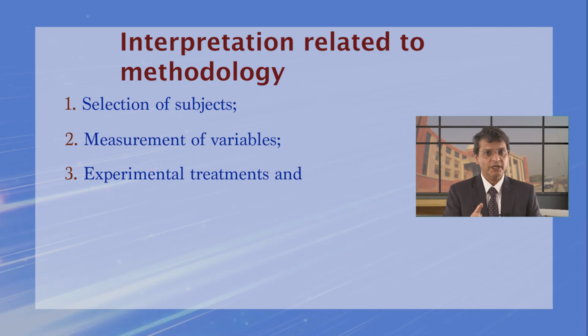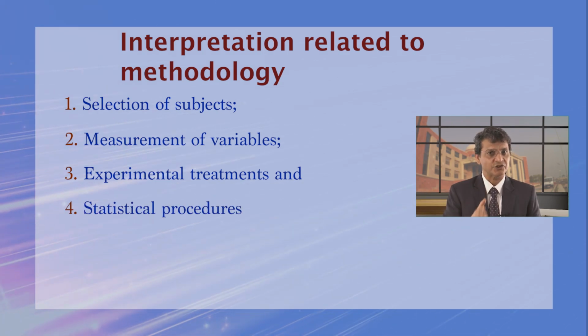So you must interpret the statistical procedures. Like, why did you choose F test instead of T test? Or why did you choose T test over F test? Why did you choose MANCOVA instead of simple ANCOVA, etc.? So the interpretation of a statistical procedure, you must write.